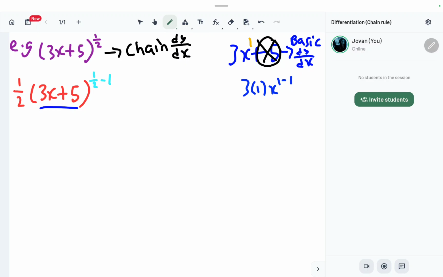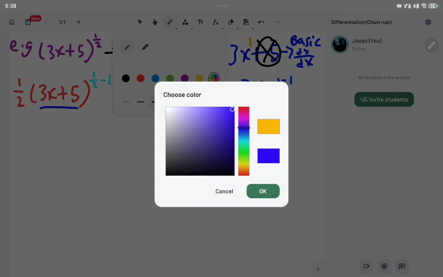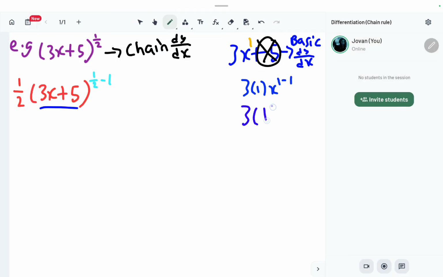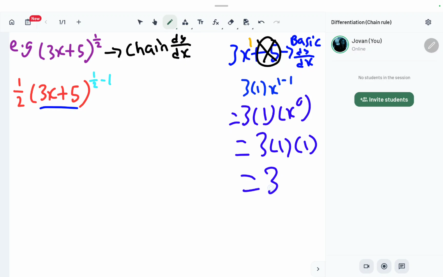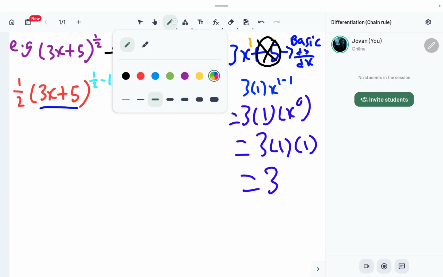So that's why it's 3 bracket 1 x to the power of 1 minus 1. This will give you 3 bracket 1 x power 0, which is 3 bracket 1, which is 3. I'm just writing this to show you how to derive, but in the exam you don't need to write this. Just show that you can differentiate already.